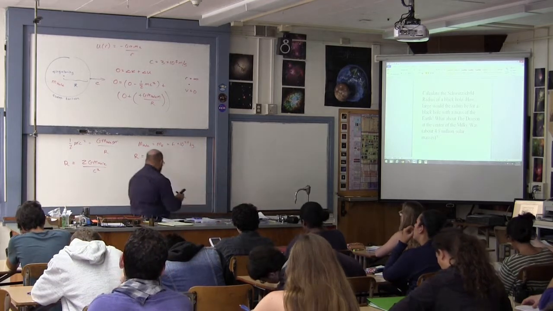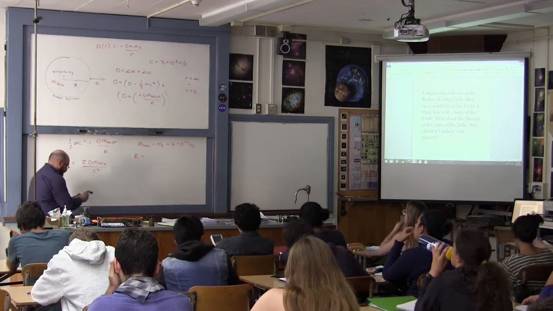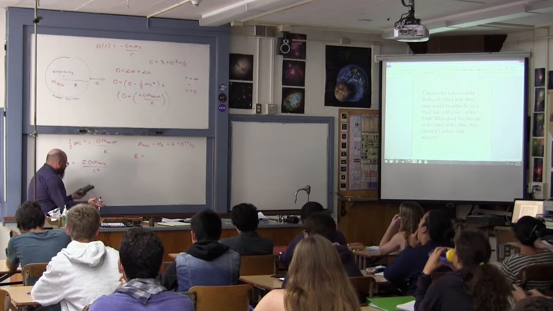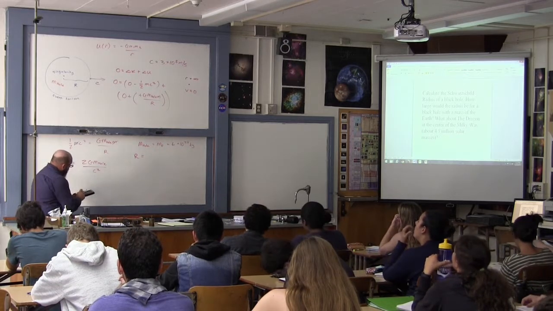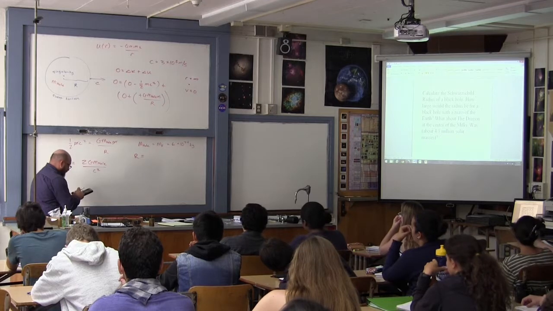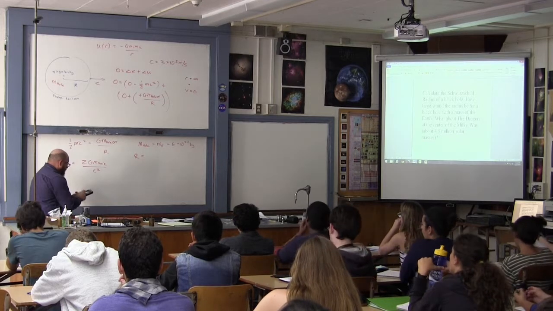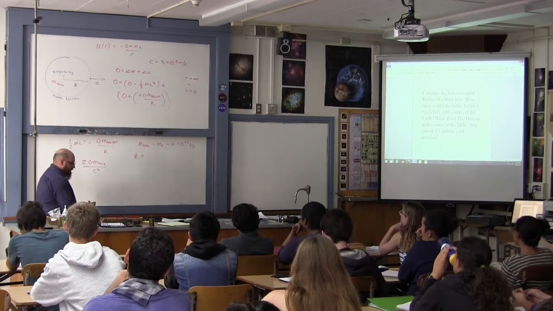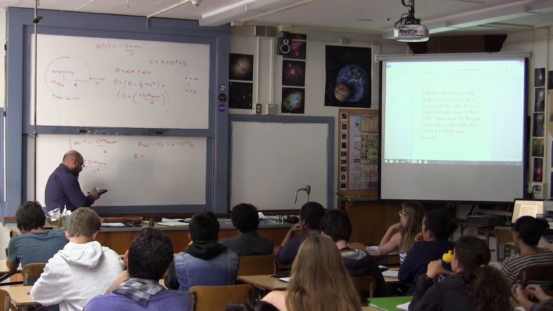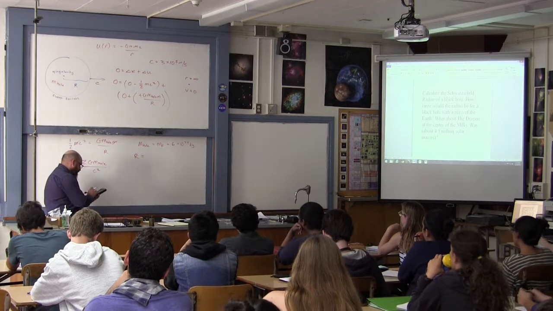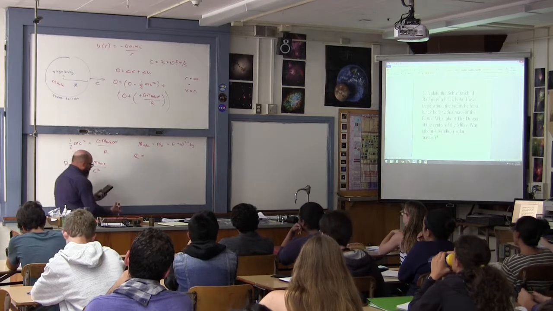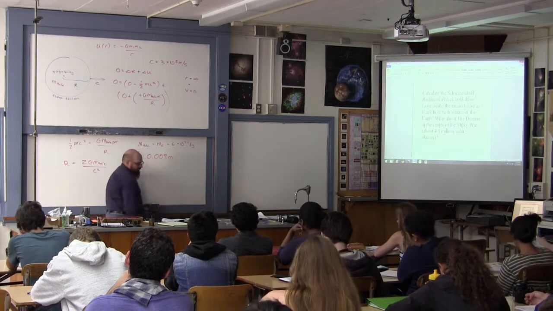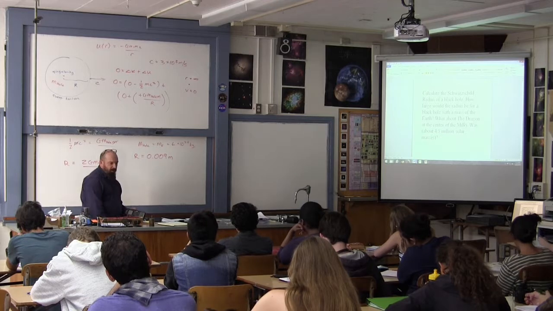All 2 times 6.67 times 10 to the minus 11 for capital G, that's a given, multiplied by the mass of the black hole, which is the mass of the Earth in this case, 6 times 10 to the 24, and then divided by c squared. C is 3 times 10 to the 8 meters per second. When you square it, it's 9 times 10 to the 16th. Plugging that in gives me 0.009 meters. That's 9 millimeters.